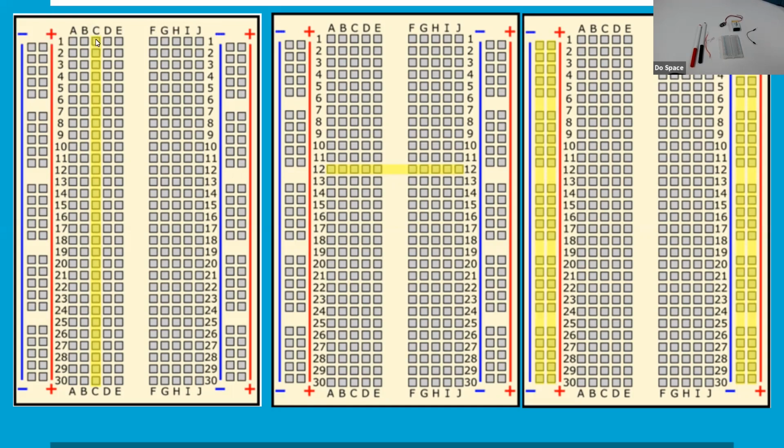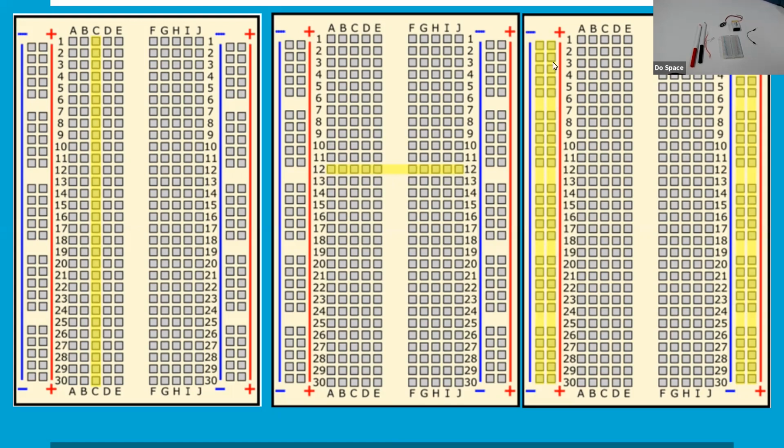So this is the whole C line, and then our D's and F's. The letters are your columns, and then the numbers on the left and right-hand side are your rows. So you can see this is all of row 12.